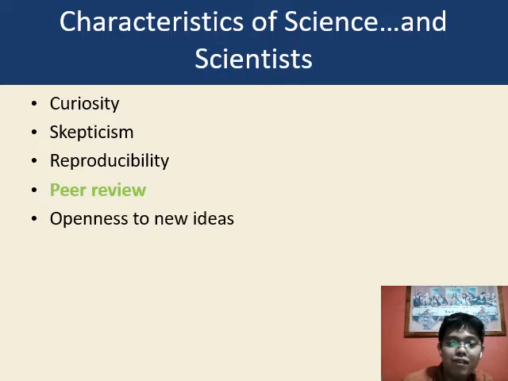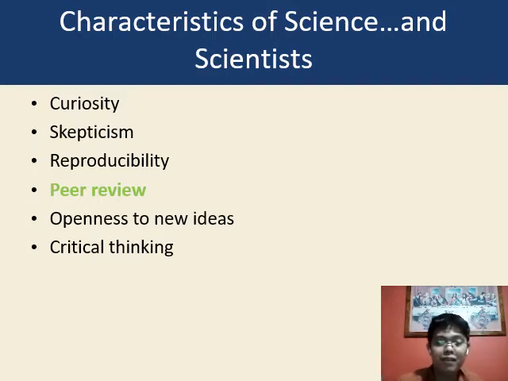So they are not closed to new ideas, so there's room to skepticize the results of their studies. And also, science and scientists should always have critical thinking, meaning there's always an objective analysis and evaluation just to form a judgment.